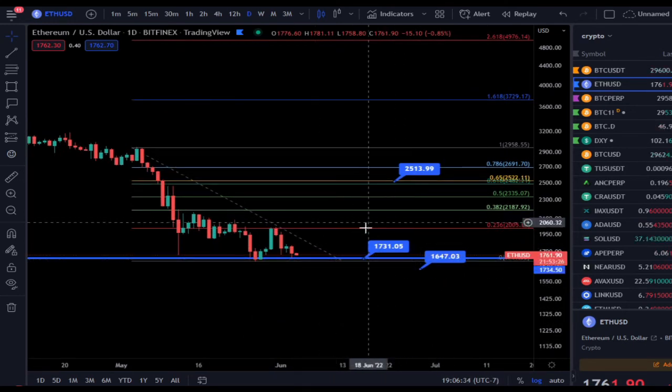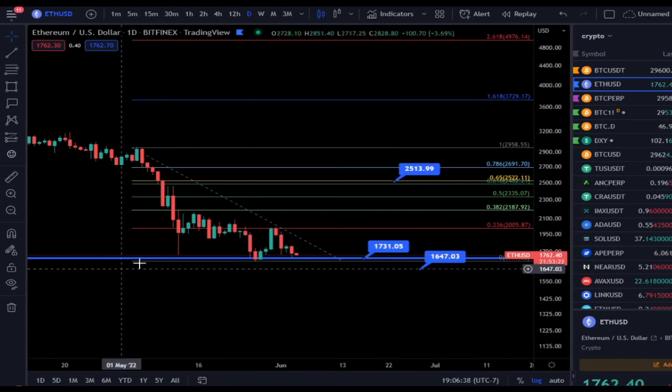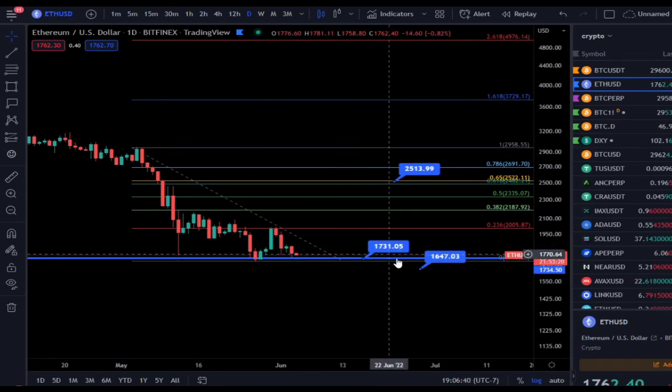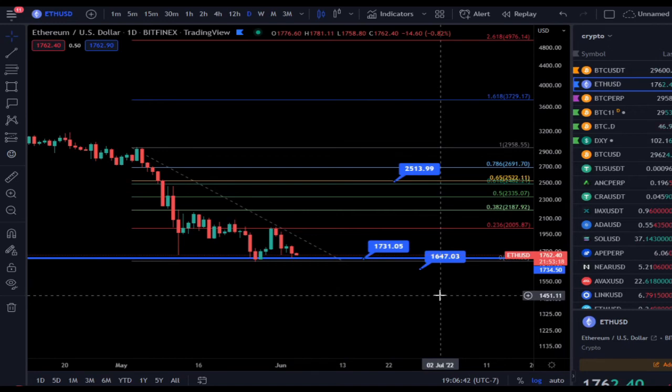Okay, so if I'm going to put in this order right here and the current price is 1761 and I want to pay 1731, am I putting in a limit order or a market order? If the current price is 1763 and I want to pay 1731, would I do a limit order or a market order?